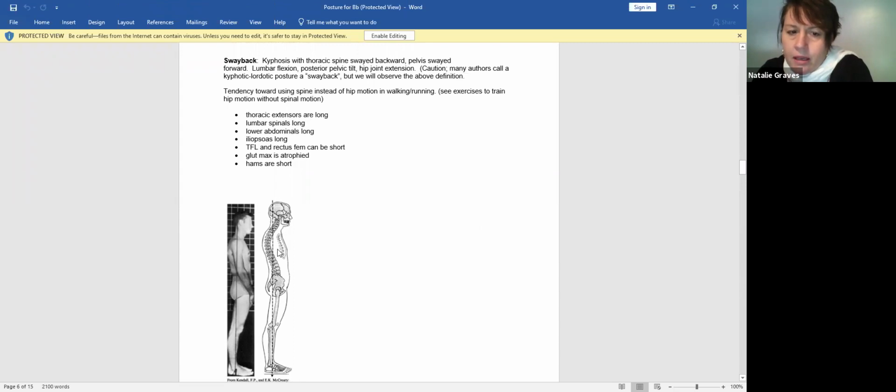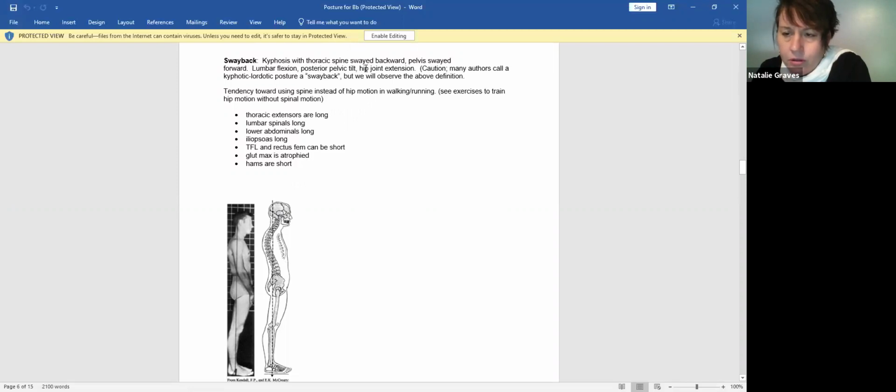Now, sway back is the next postural type that, again, Florence Kendall coined. This is kyphosis with the thoracic spine swayed backward and the pelvis swayed forward. So the difference here, and again, we always do a compare and contrast, because this does look similar to the kypholordosis, but the major difference is that the pelvis is tilted posteriorly.